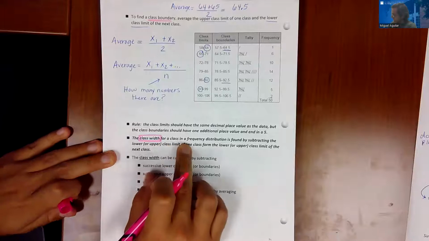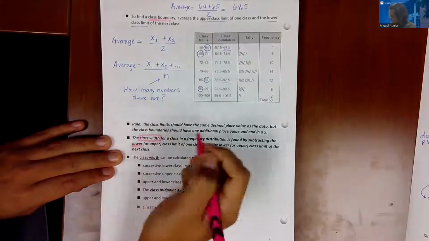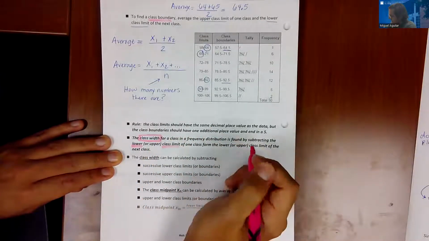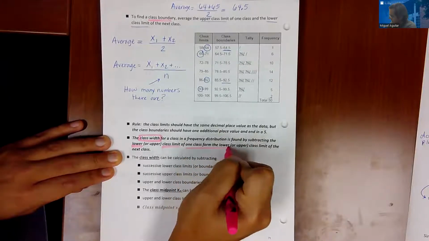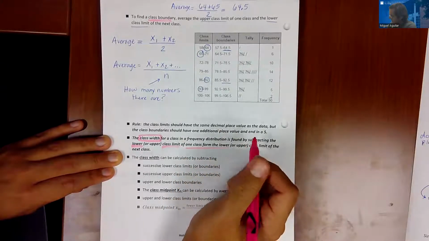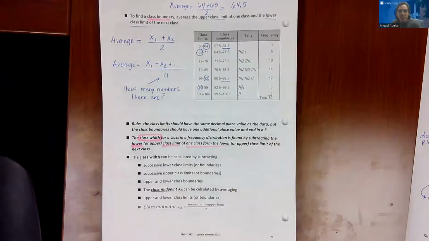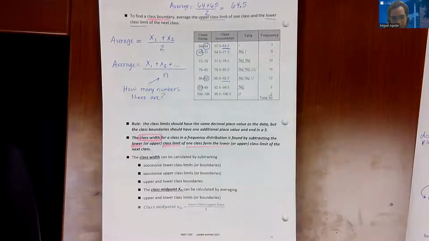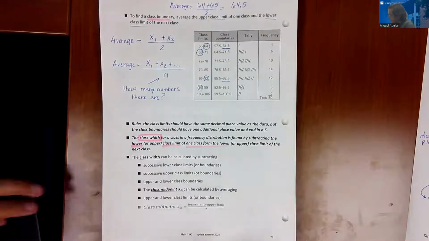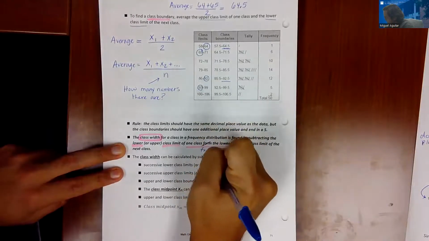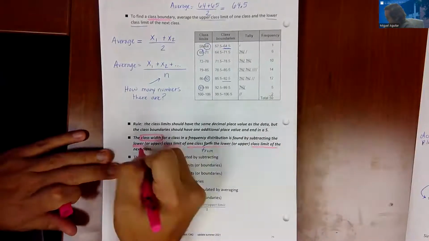So the class width for a class in a frequency distribution is found by subtracting the lower or upper class limit of one class from the lower or upper class limit of the next class.